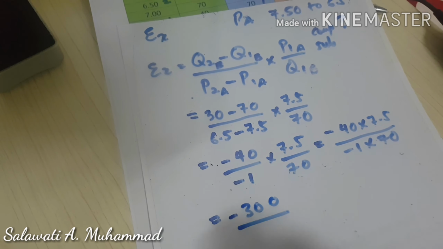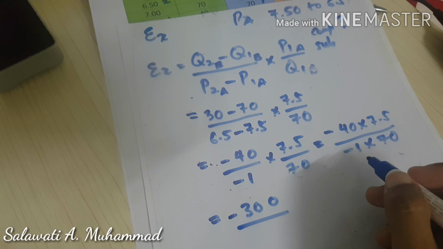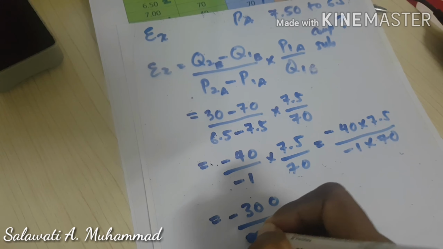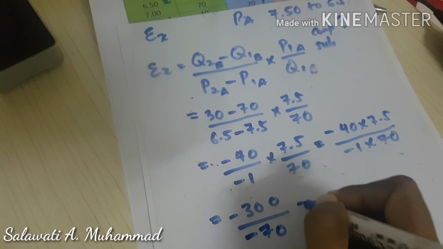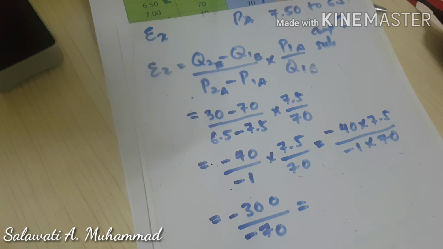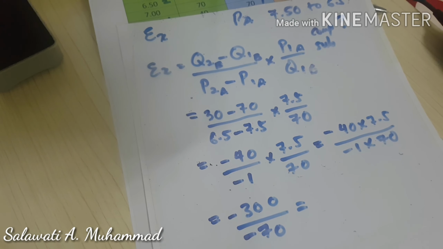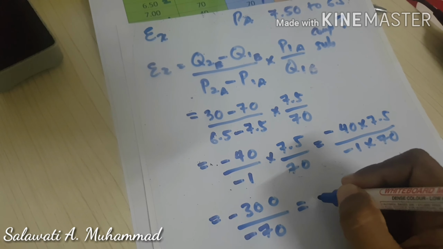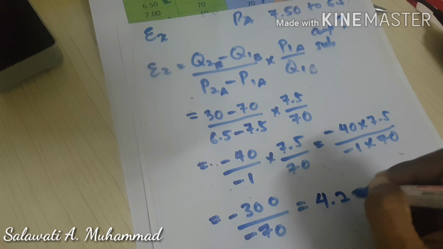Then below, negative 1 times 70, so we got negative 70. So negative divided by negative, we got positive. 300 divided by 70 is 4.29.